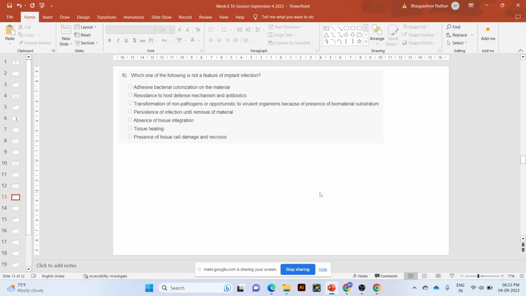Anyone else? Which of the following is not a feature of implant infection?